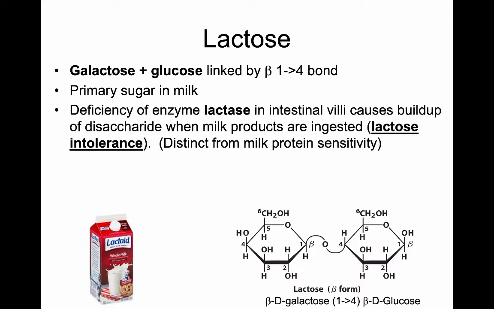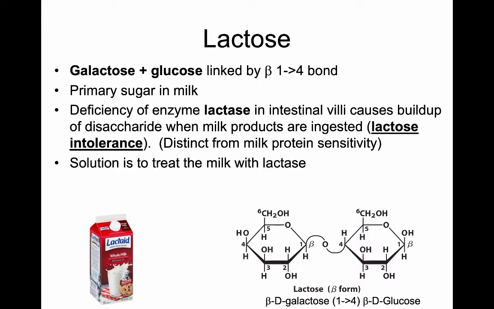And as many of you have heard of, there's something called lactose intolerance, and this is where you're deficient of an enzyme called lactase, which breaks down lactose into its individual monosaccharides. Lactose intolerance is actually distinct from milk protein sensitivity, so some people are sensitive to the actual proteins in milk and not actually allergic to lactose themselves.